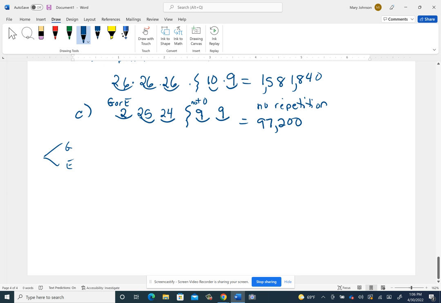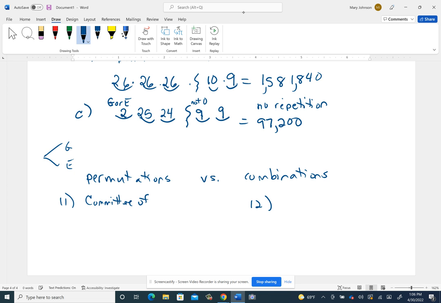All right, and then you also need to know about permutations versus combinations. That was one of the big points we were making. For instance, question number 11 on the test versus question number 12.